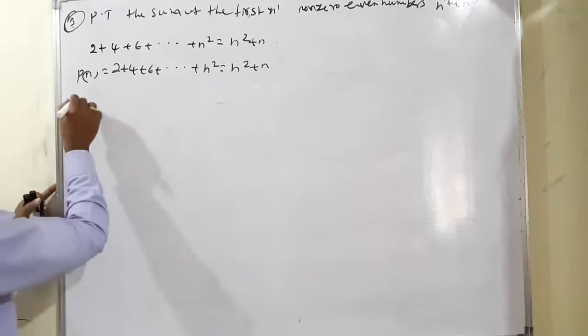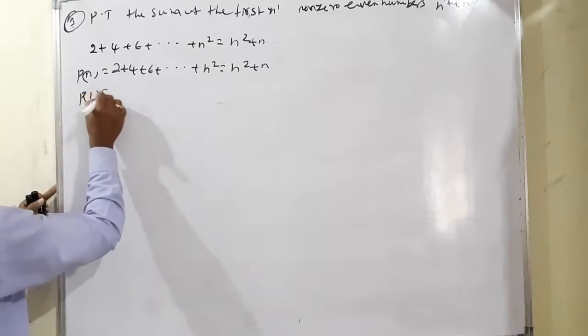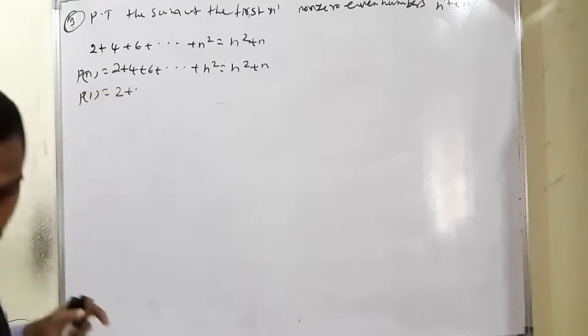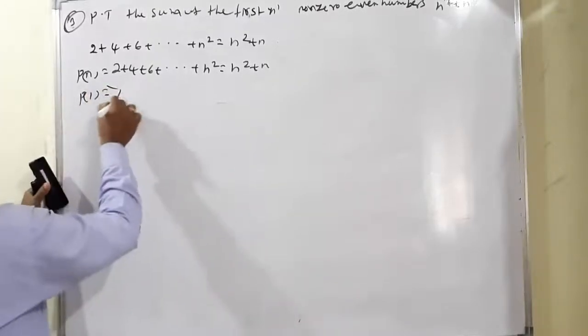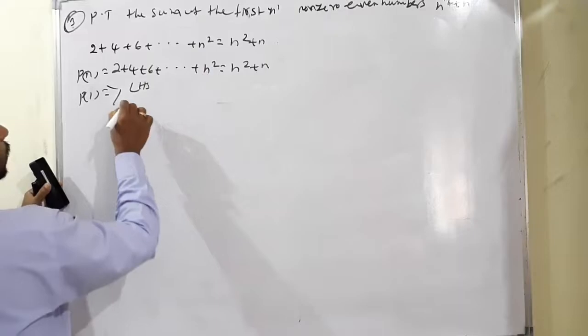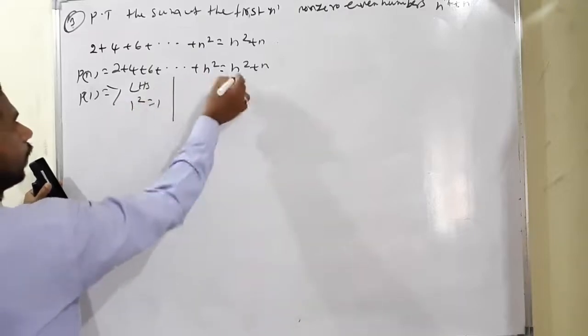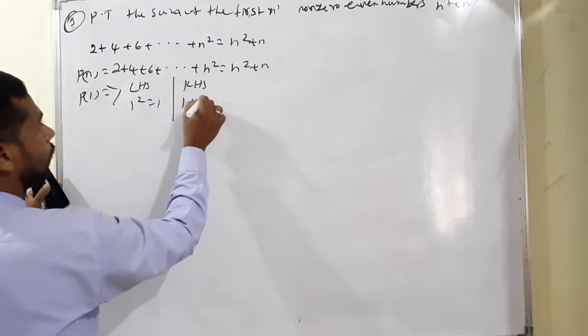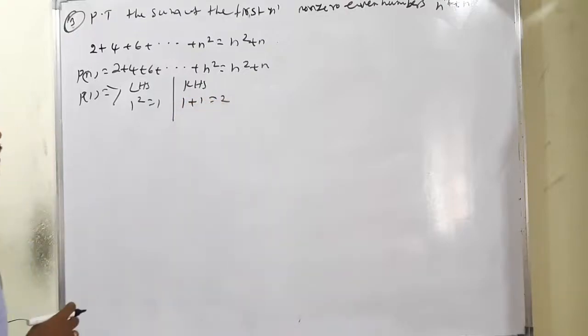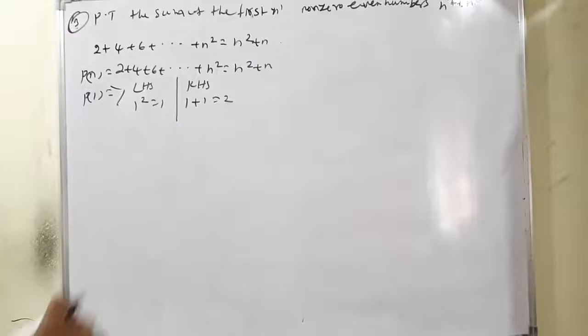Then consider P of 1. What will happen? LHS: n is 1, so 1 square is equal to 1. RHS: 1 square plus 1 is equal to 2, isn't it? Now listen here, this is actually 2n, dear.